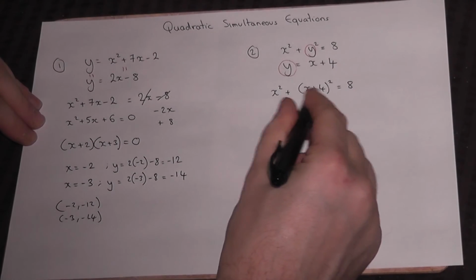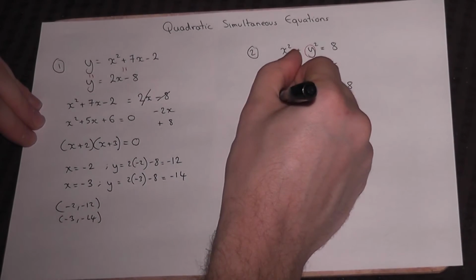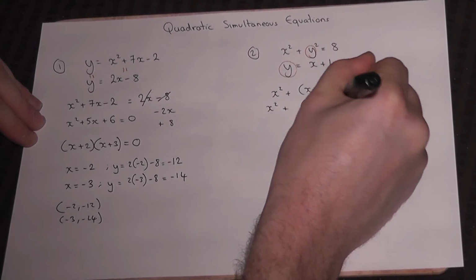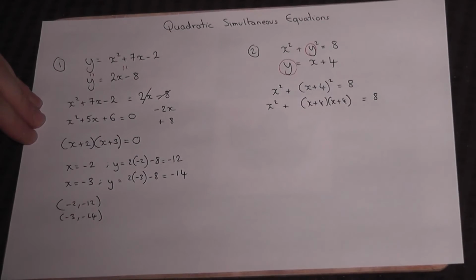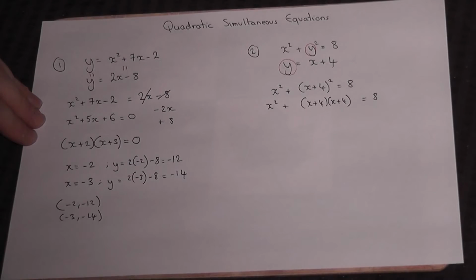We now expand this. Now don't forget that x plus 4 all squared means x plus 4 bracket x plus 4, and that equals 8. Now to expand this, you use your normal expansion of brackets.